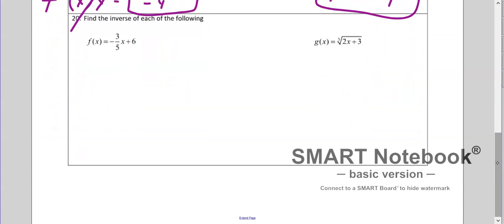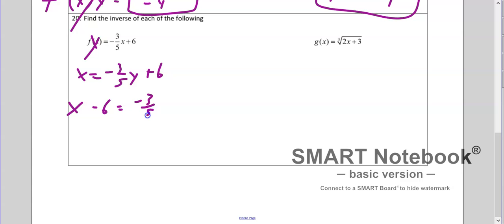Find the inverse. Same thing. Okay, switch: negative 3/5 y plus 6. Minus 6 from both sides. The way we get rid of a fraction is multiply by the reciprocal and keep it negative to cancel. Careful here.